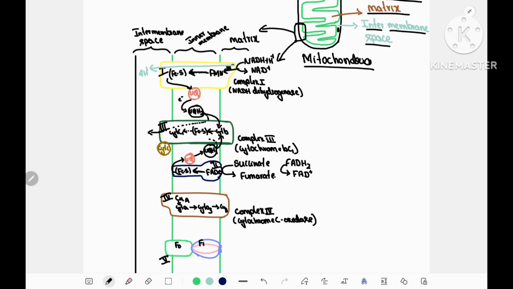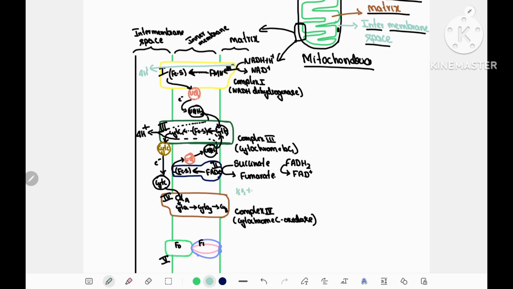Those electrons are given to ubiquinone and ubiquinone will undergo reduction, and as a result the electrons are given to cytochrome b, which means complex 3 will receive electrons both from complex 1 and complex 2. Now from complex 3, electrons are given to the mobile electron transporter, cytochrome c, that will carry the electrons to complex 4.